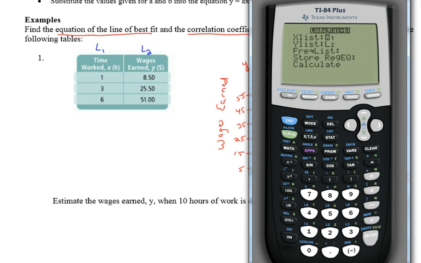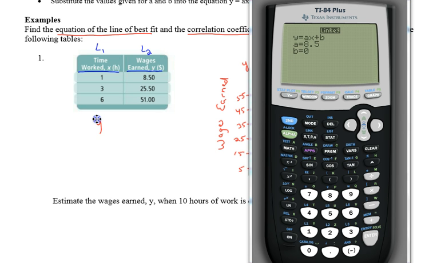Now, the first thing it says is that the x list is L1, and that's exactly what we want. Remember, our time, our x, is L1. And then it says the y list is L2, and again, that's exactly what we want because we put the y values in L2. Now, we're going to go down to calculate, and we're going to hit enter. What the graphing calculator does is it calculates the equation of that line that we sketched on the graph.